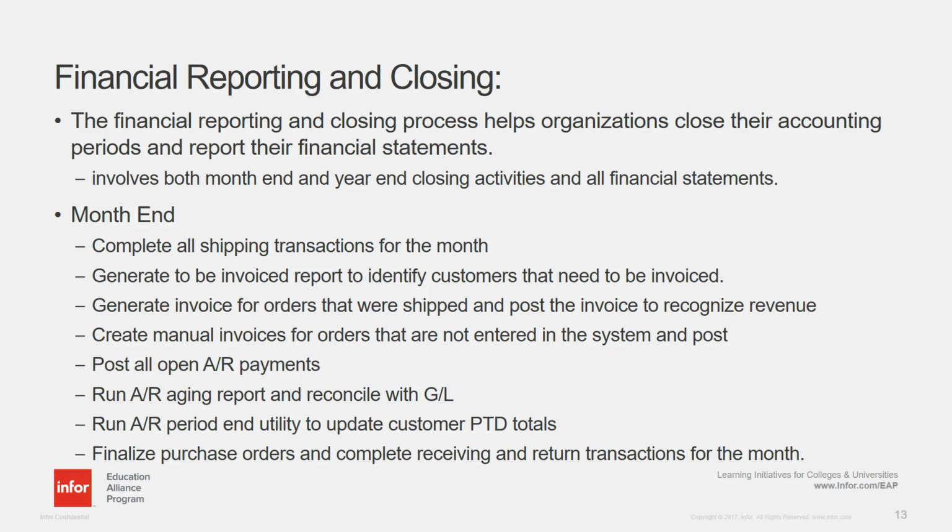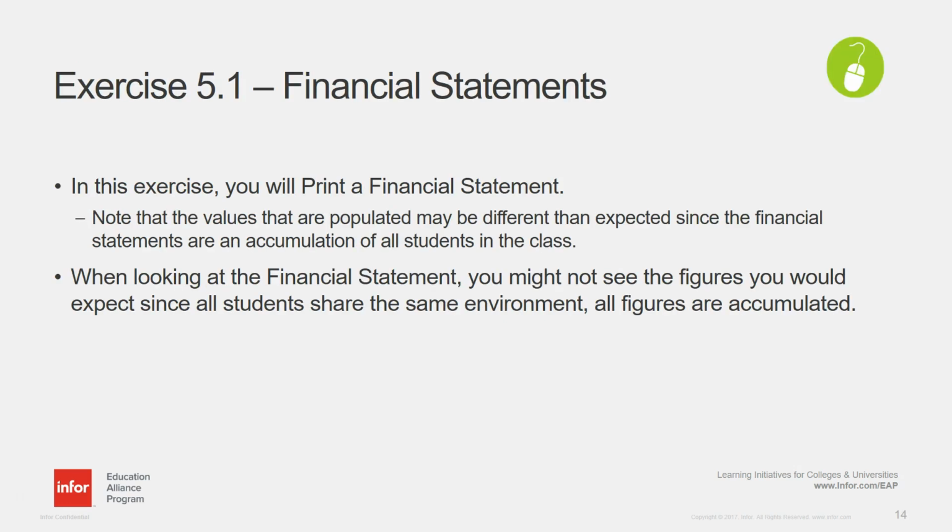Those will have to be transferred to the system. Post all open accounts receivable payments and run the reports. Paid-to-date totals and things like that are part of what happens in CSI's financial planning and reporting transactions.